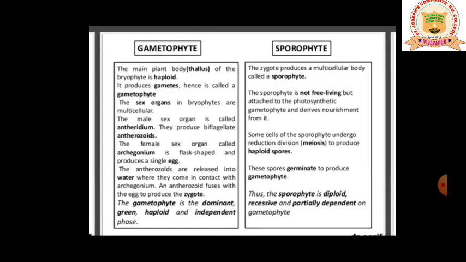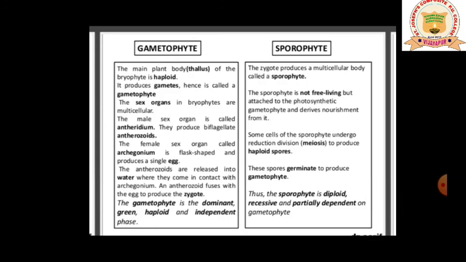The female sex organ is called archegonium, that is flask shaped and produces a single egg. Some cells of the sporophyte undergo reduction division, I call it meiosis, to produce haploid spores. The antherozoids are released into the water where they come in contact with the archegonium and fuse with the egg to produce the zygote.